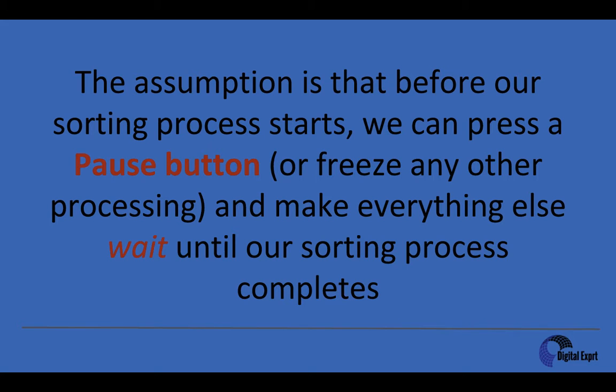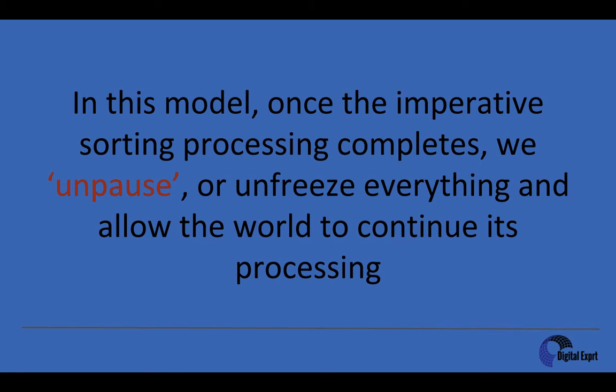So this is the underlying assumption. Often it's tacit. We don't express it anywhere, but you just go about doing this sorting by assuming that everything else is holding and waiting for us to be finished. So in this model, when we are done with processing, we assume we are unpausing or unfreezing everything, and then we allow the world to continue its processing and take it from where we pressed the pause button.